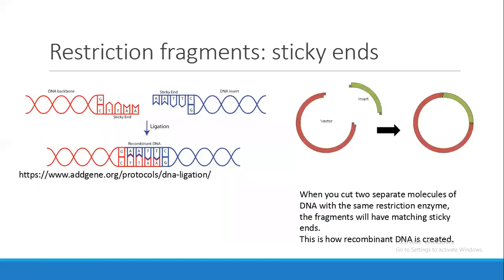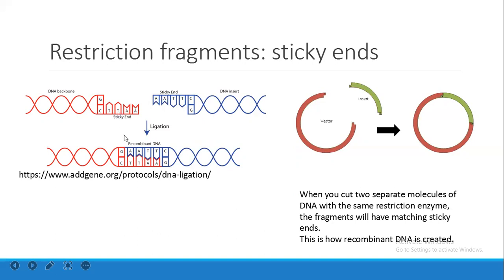Here, restriction fragment sticky ends. What is the function of restriction sticky ends? A sticky end is a portion of DNA that helps to bind a specific site with the same nucleotide sequence to other DNA. Here we can see the blue color shows a sticky end, and the red color shows a sticky end.